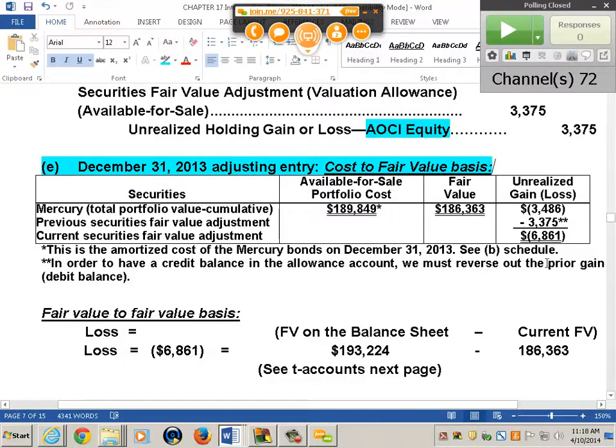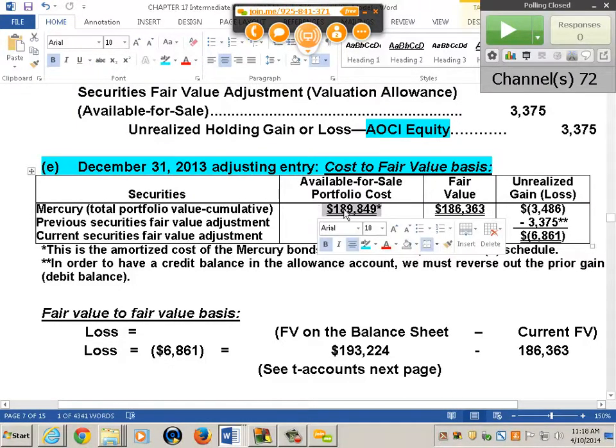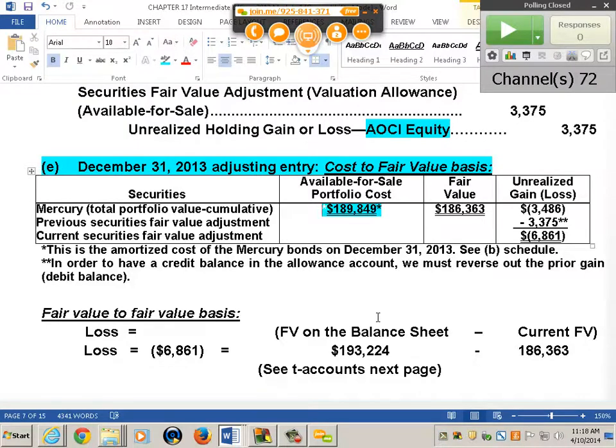When we look at the ledger, the accounts tell us that on the balance sheet, without the allowance account, the amortized cost is 189,849. So now, if you look at page 7 at the table, 189,849 is the balance of that security, or as Brian mentioned, there would have been a portfolio at amortized cost.